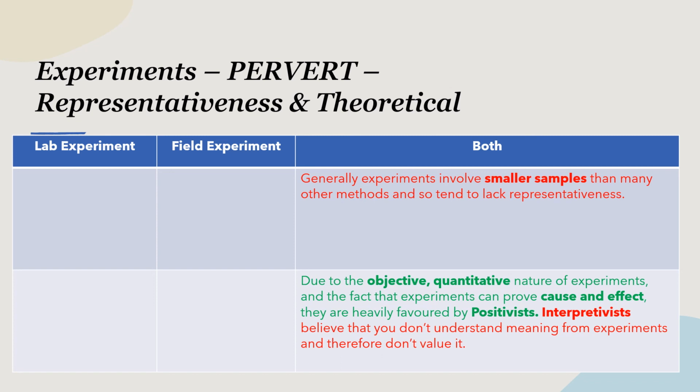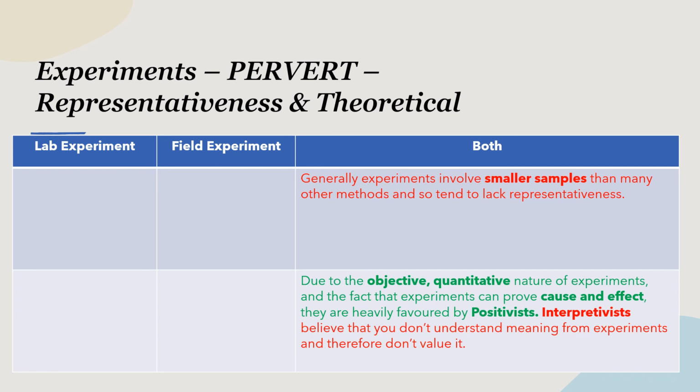When we're talking about the positivists and the interpretivists and who's going to prefer experiments as a theoretical thing, I already told you that certain sociologists want to be quite scientific. They want to be like biology, chemistry, physics, and those are the positivists. The positivists are all about proving cause and effect, and so they really value experiments.